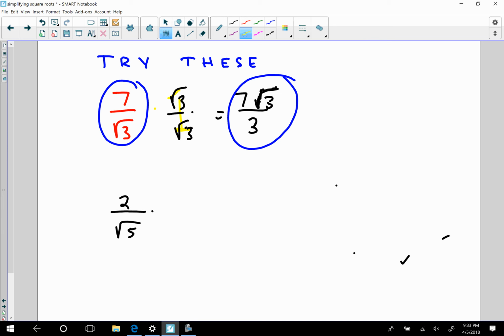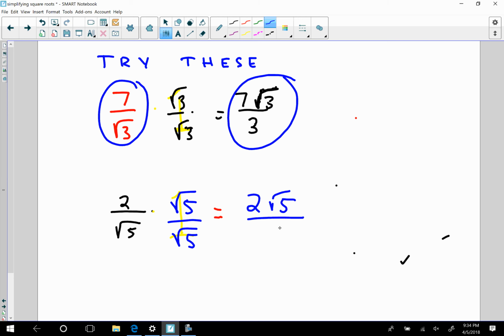In like manner, I'm going to multiply this rascal by 1. I'm not going to change it. I'm going to use that property from algebra: A times 1 is A, same value. And what 1 am I going to use? I am going to use the square root of 5 over the square root of 5. 2 times square root of 5, multiplying the top, is 2 square root of 5.